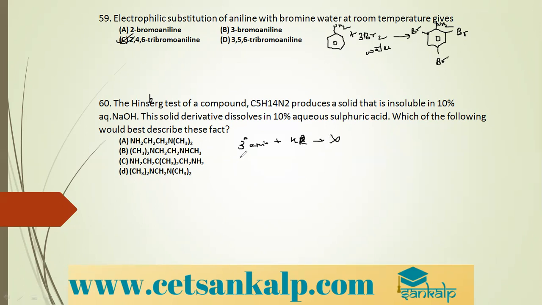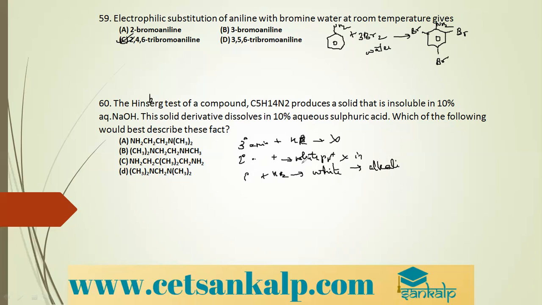Secondary amines react with Hinsberg's reagent, but the white precipitate formed is insoluble in alkali. Primary amines react with Hinsberg's reagent and form a white product, which is soluble in alkali.